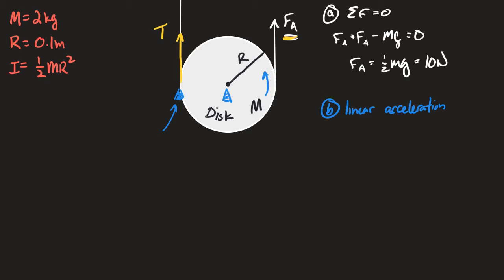The only way the system can spin about its center is if there's an unbalanced torque. So those two upward forces can't be the same, which means this is an unknown. And you have to treat it as an unknown in the problem. Now, that's not a big deal. If you make your pivot point here, you're going to get a value for T in it that will represent the net force acting upwards on our disk.